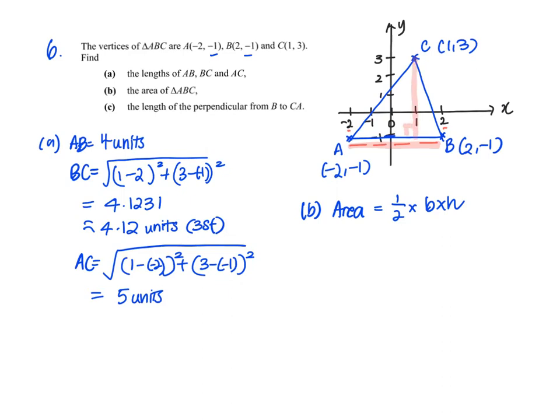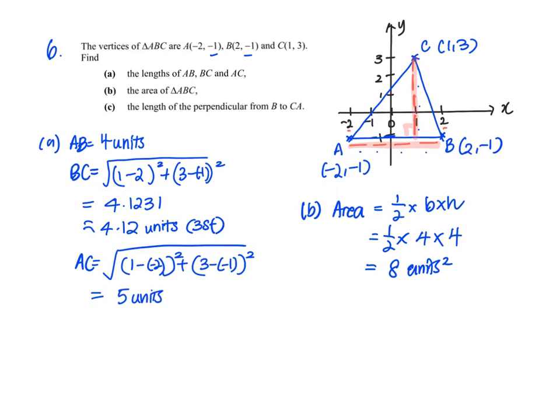So how many units is that? We know that from -1 to 0, 1 unit, 2 units, 3 units, and 4 units. So the area is given by half times a base of 4 units and a perpendicular height of 4 units. That gives us 8 square units.